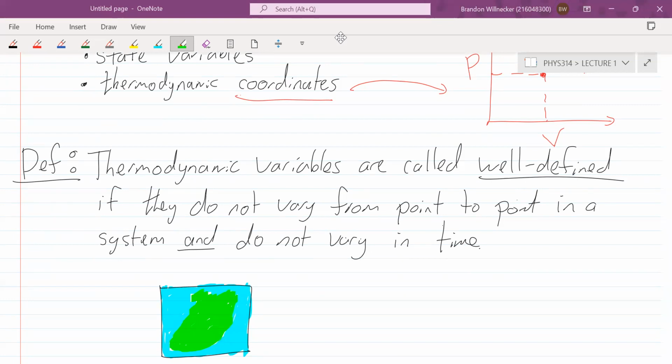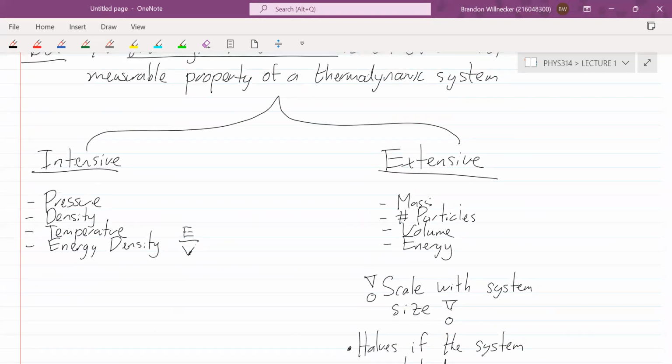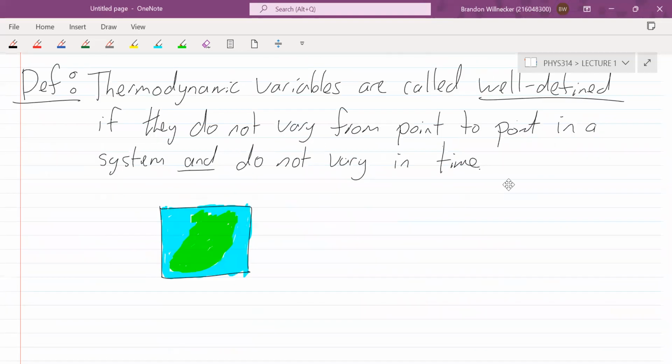In this case, the thermodynamic variable mass, right? Mass is a thermodynamic variable. It's an extensive variable, is not well defined because if we look across the system, there are some points where there's higher density, some points where there's lower density. So overall, if we look at the mass distribution or the density, this is not well defined, okay, because it varies from point to point.